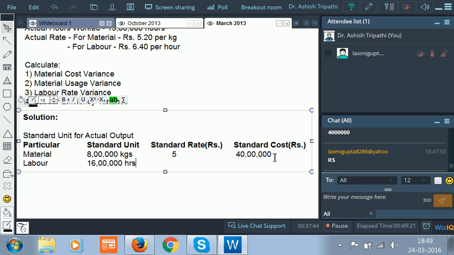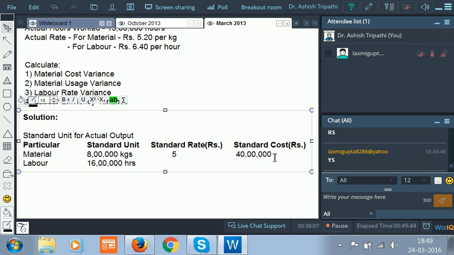Are you getting 16 lakh hours? Cross multiplication for 1 unit it was 4 hours. So for 4 lakh unit we have done cross multiplication. 4 lakh into 4 we got 16 lakhs.